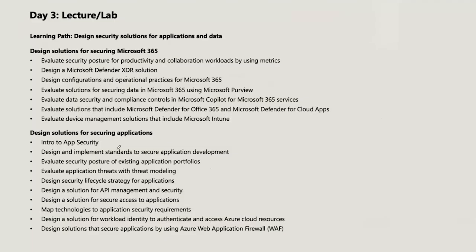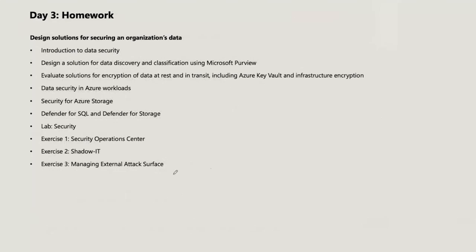We were discussing what different application development security options we have, security posture for existing applications, threat modeling, what comes under security lifecycle strategy for applications, what solutions we can design for API management and security, secure access for applications, and many other discussions around application development, and also how we can secure applications using a web application firewall.